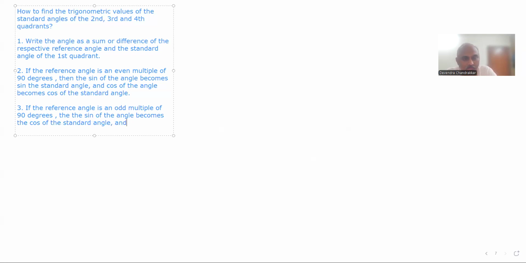Okay? And the cos of the angle becomes the sine of the standard angle.